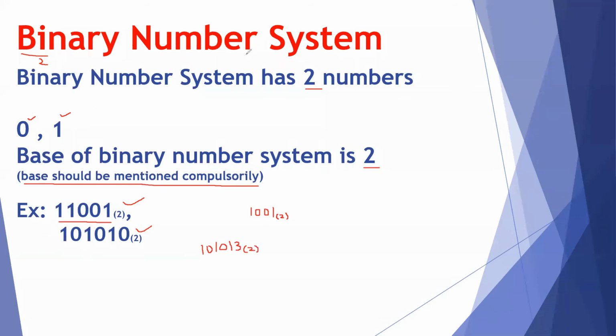No, it is not a binary number. 1 is present, 0, 1, 0, 1, till here the numbers are present, whereas 3 is not present in our number system. That's why we cannot say this number is binary. This is not a binary number system.